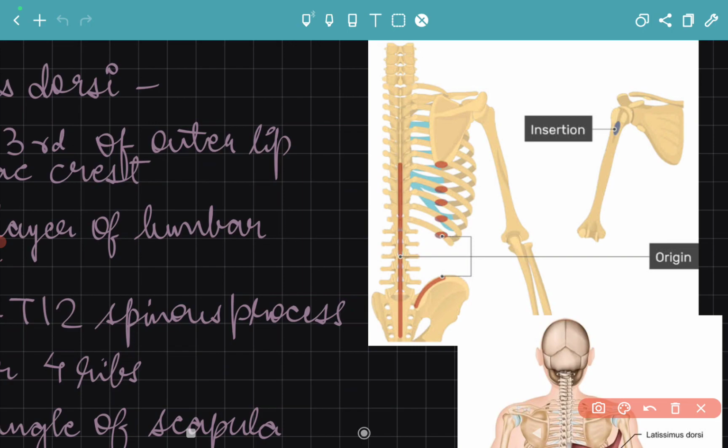The origin is from the iliac crest, then from T7 to T12 vertebral spinous process, then third will be the lower 4 ribs, and the last will be the inferior angle of the scapula. These are the points of origin of lat dorsi, and the insertion is to the floor of intertubercular sulcus of humerus.